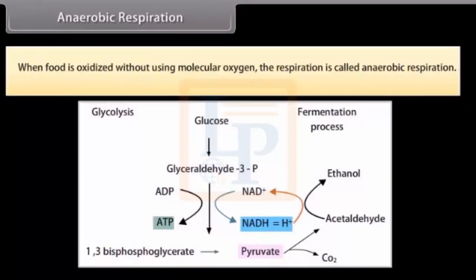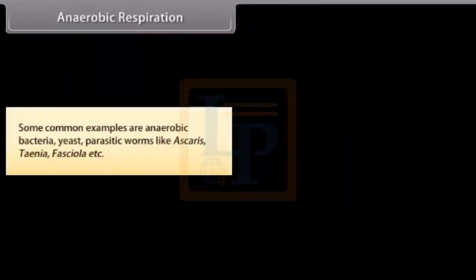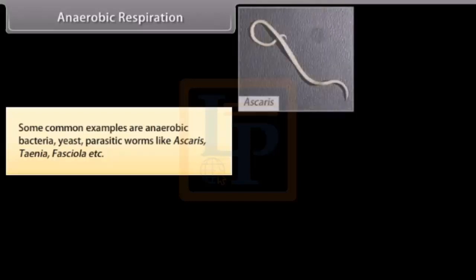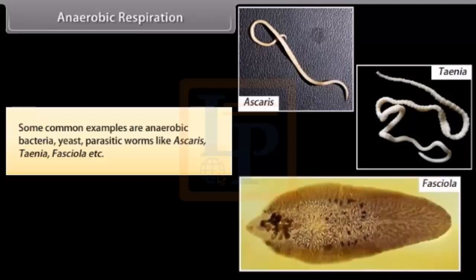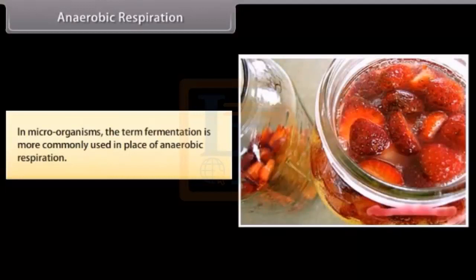Anaerobic respiration. When food is oxidized without using molecular oxygen, the respiration is called anaerobic respiration. Some common examples are anaerobic bacteria, yeast, and parasitic worms like Ascaris, Taenia, Fasciola, etc. In microorganisms, the term fermentation is more commonly used in place of anaerobic respiration.